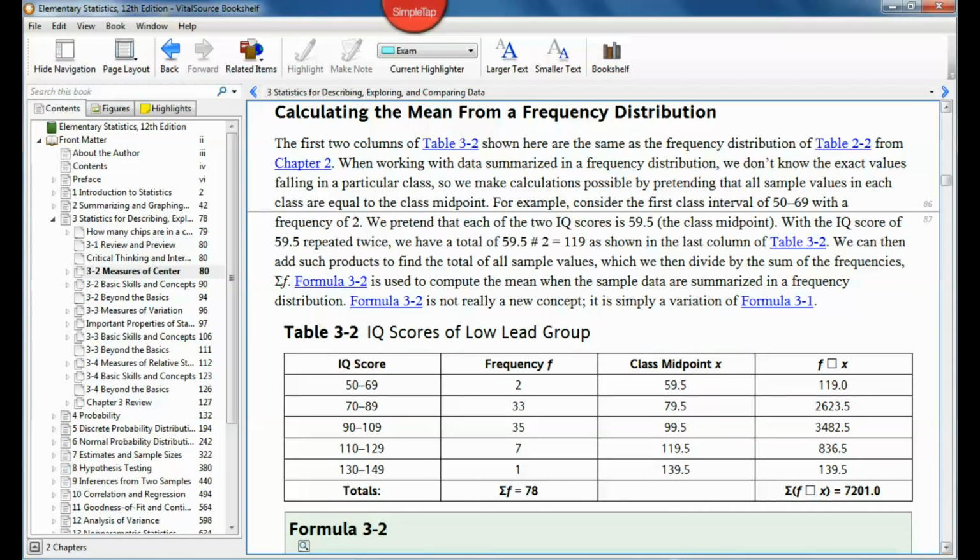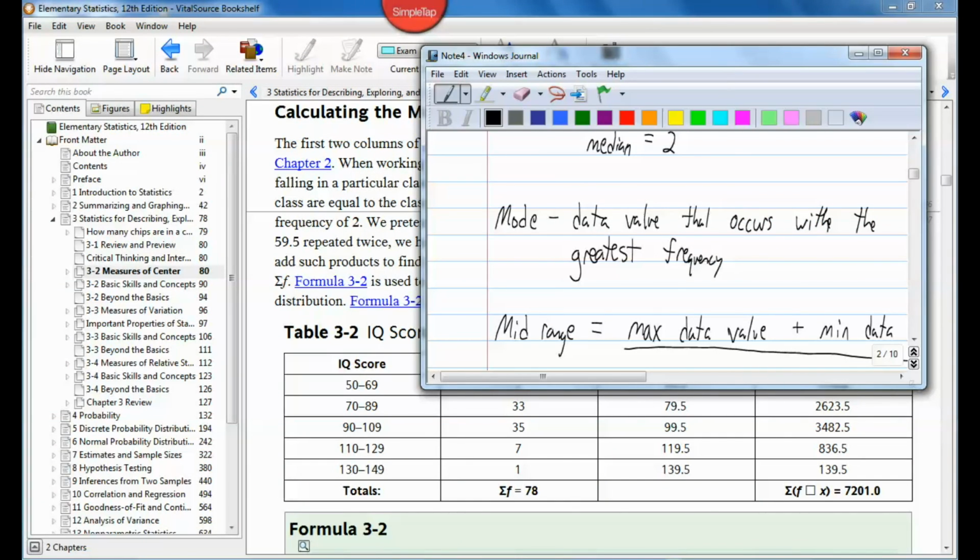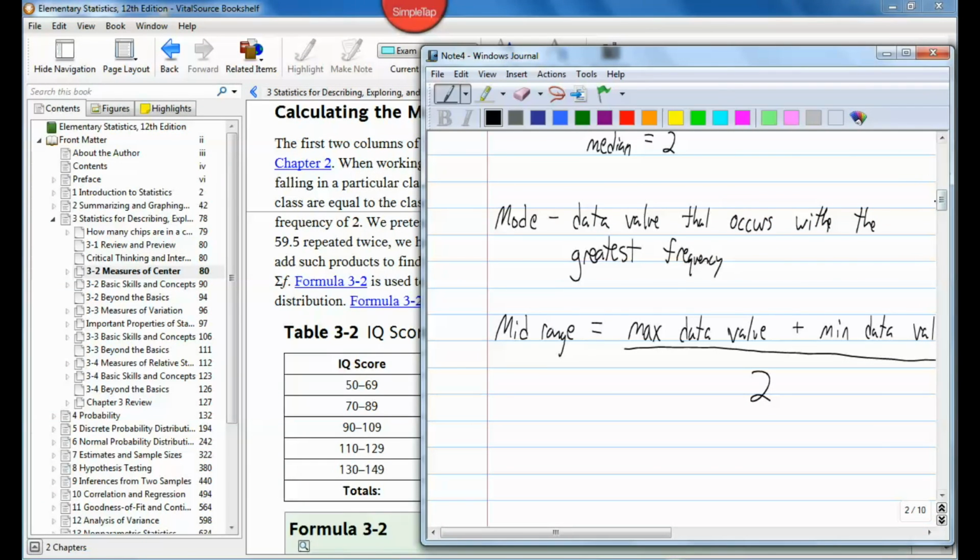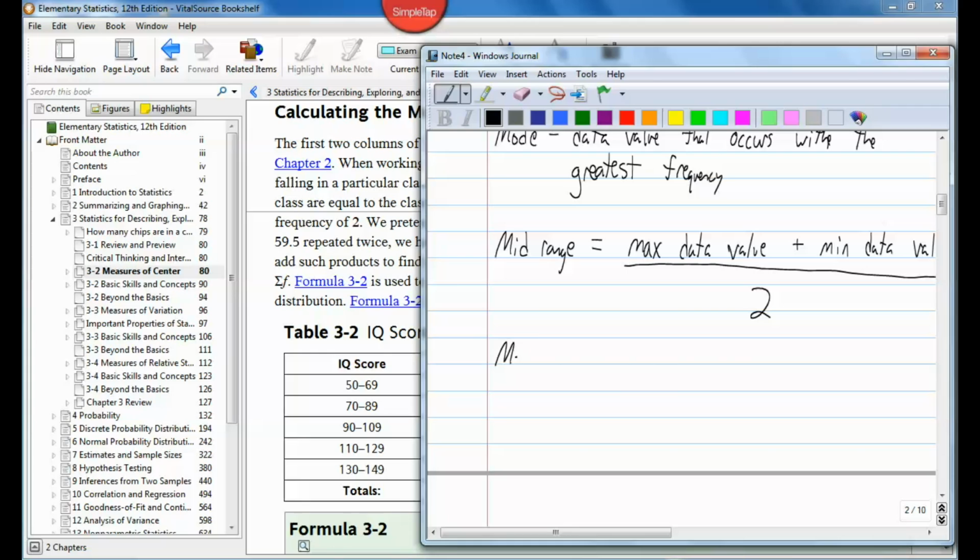We can calculate the mean of a frequency distribution. We actually have a formula to calculate the mean of a frequency distribution. I believe there are some homework problems on calculating the mean of a frequency distribution. All right, let's take a look at that.